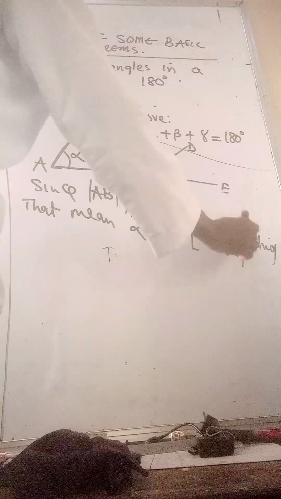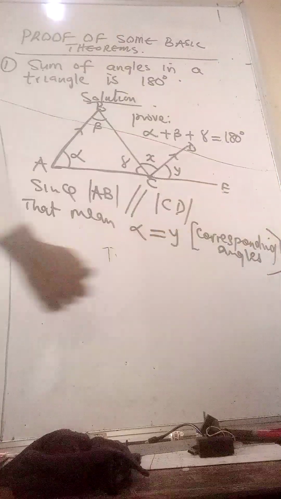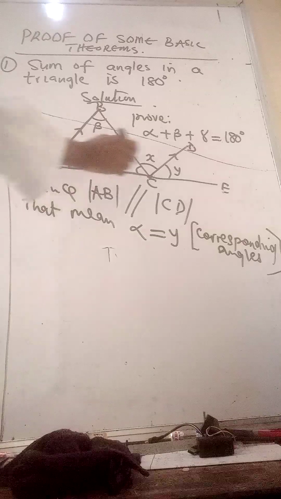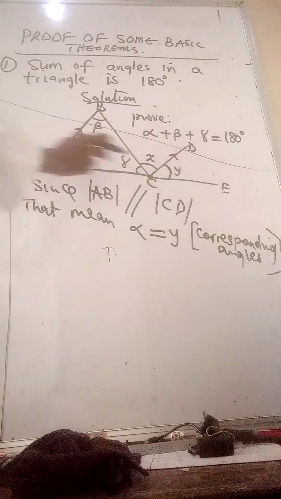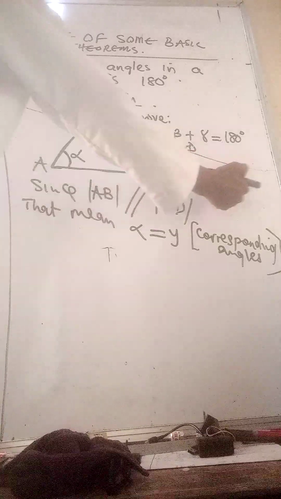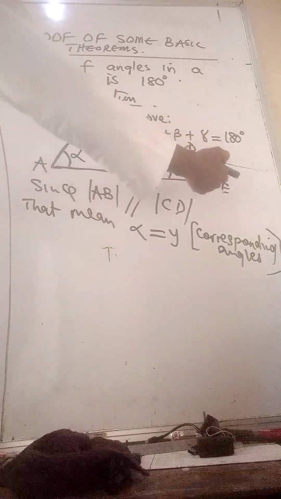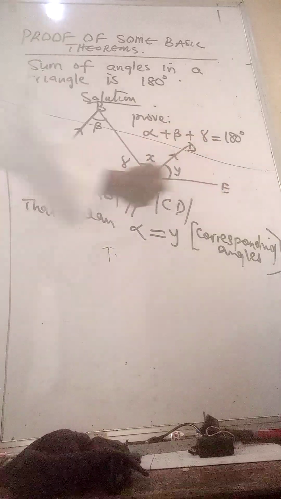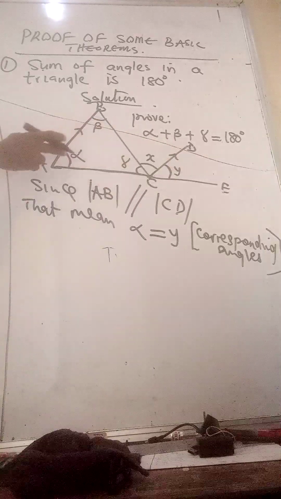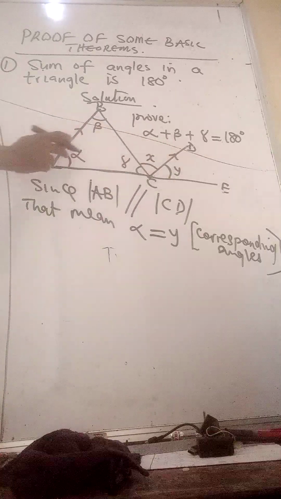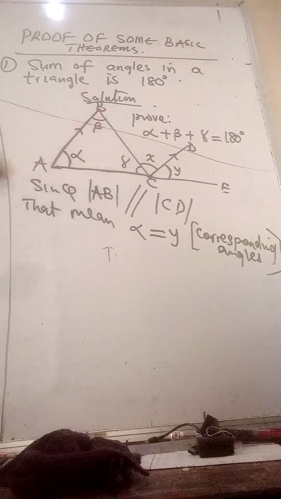Corresponding angles. That's the reason. Because both of them are at similar positions on this straight line. That is what we mean by corresponding angles. If you look at the position of Y and the position of alpha, they look similar.